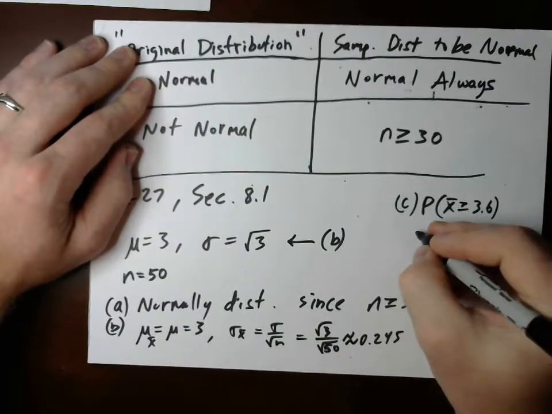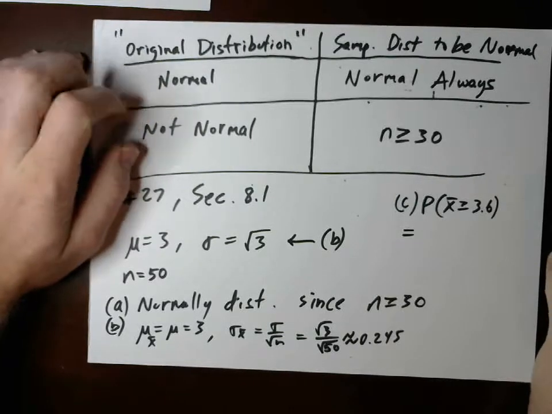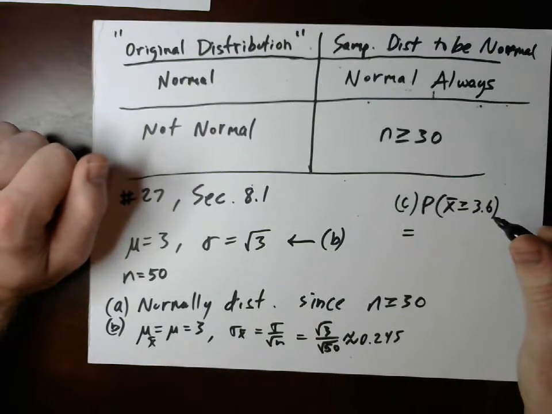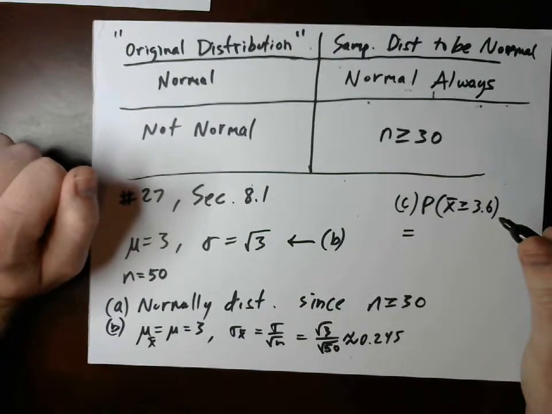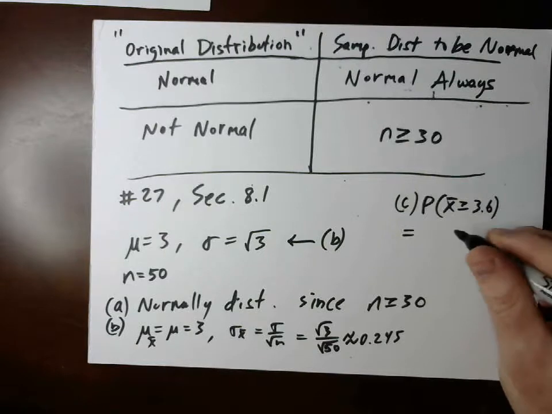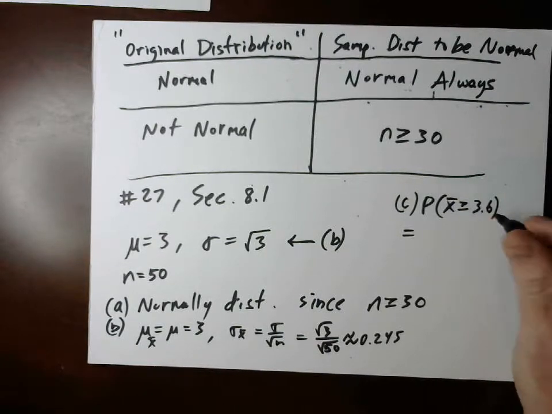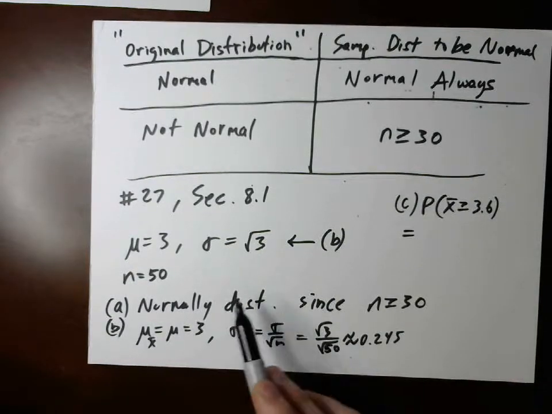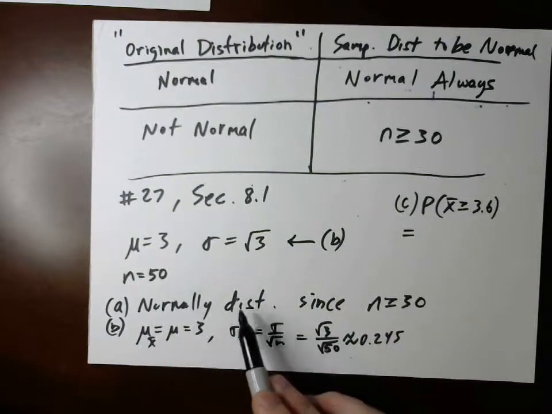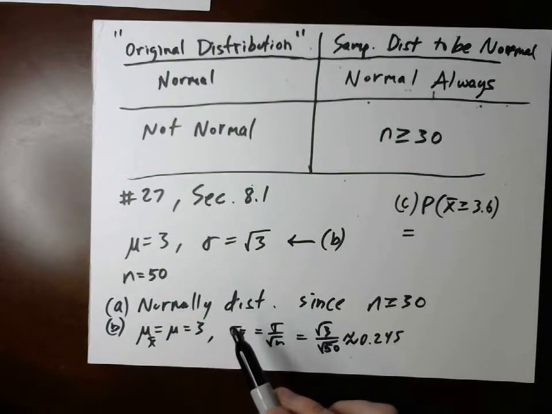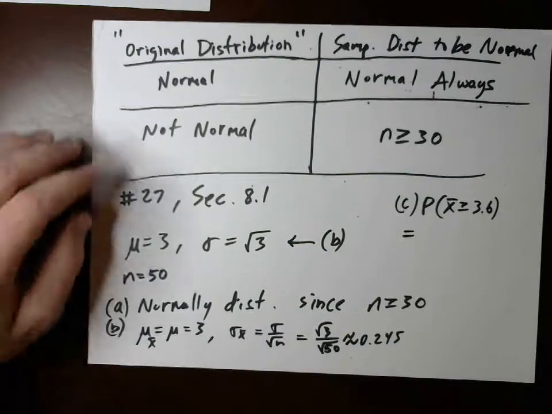Well, we know that that is equivalent to, let's see here. We haven't really talked about this yet, but since the distribution is normally distributed, since n is greater than or equal to 30, we can always reparameterize a normal distribution to a standard normal distribution with the z-score formula.